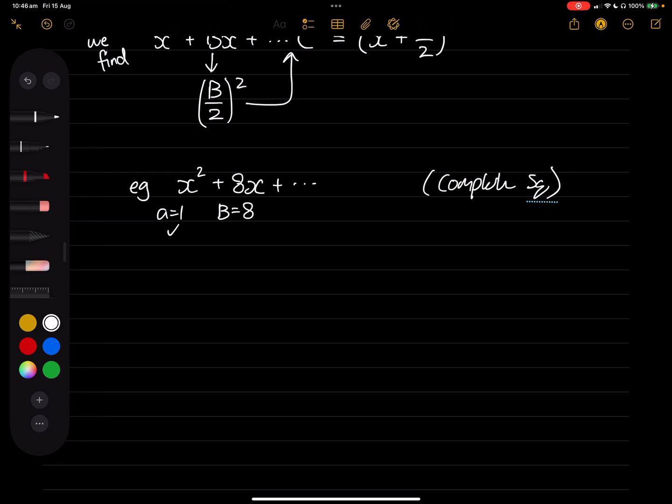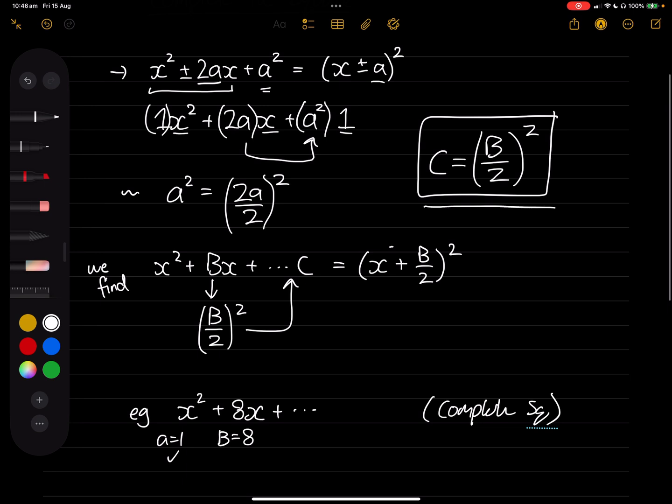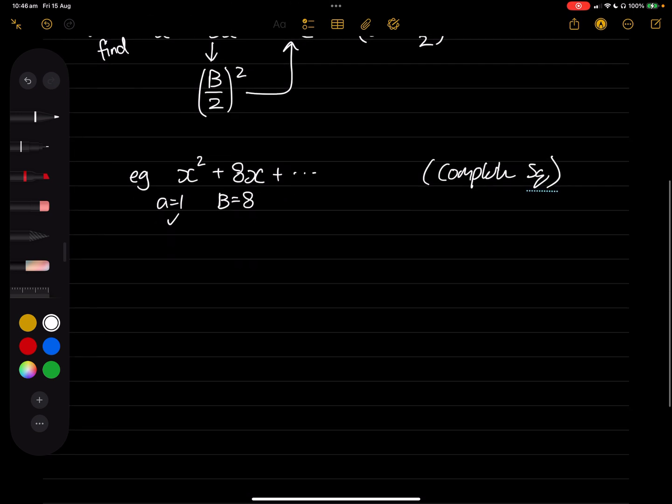Well, we just built up here a formula to tell us what term we have to add. We know the term at the end c is going to be the term b divided by 2 and then squared. So this is going to be 8 divided by 2 squared. 8 divided by 2 is 4. 4 squared is 16. So we have to add 16 to the end of this expression.